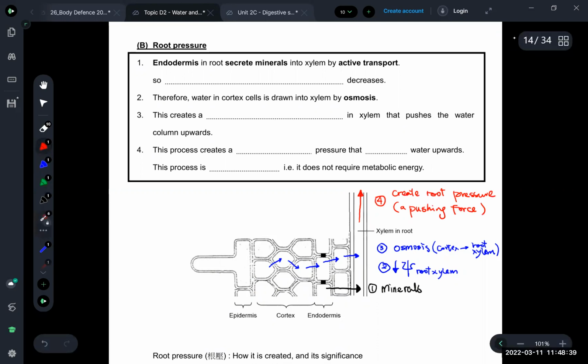Say that again: when the water enters this root xylem by osmosis, it accumulates and creates a pushing force that pushes the water up. And this is what we call root pressure.